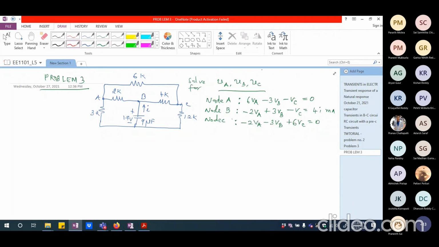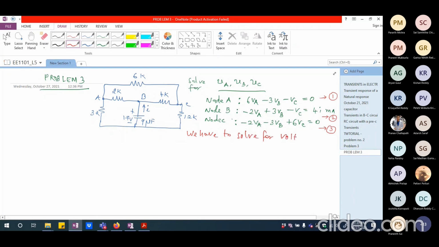Let me designate this as equation number 1, this as equation number 2, and this as equation number 3. Because I have to solve for VC ultimately, whatever is the voltage across the capacitor, first of all we have to solve for the voltage across the capacitor.